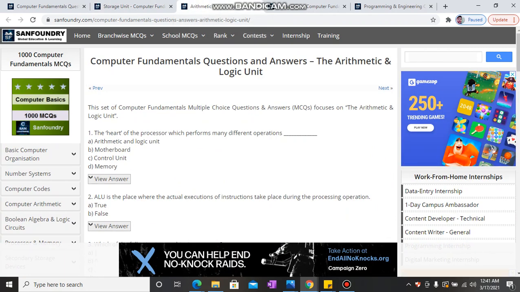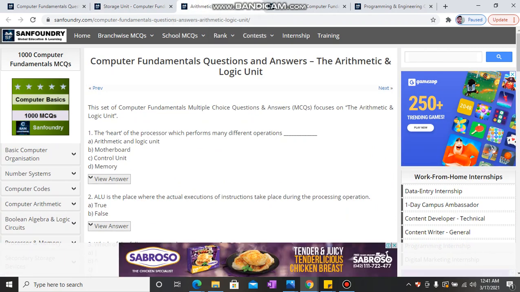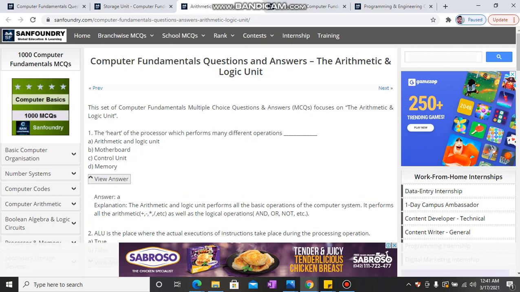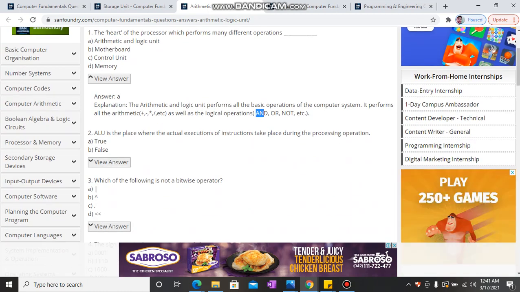Okay, we have got another portion, the arithmetic logic unit, ALU, which is known as the heart of the processor, which performs many operations. The arithmetic logic unit can perform all the basic operations of the computer system. It performs all the arithmetic operations like plus, multiply, divide, etc., as well as logical operations like AND, OR, NOT, etc. ALU is the place where the actual execution of instructions takes place during processing.